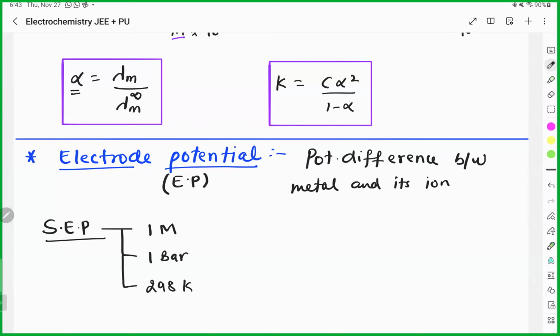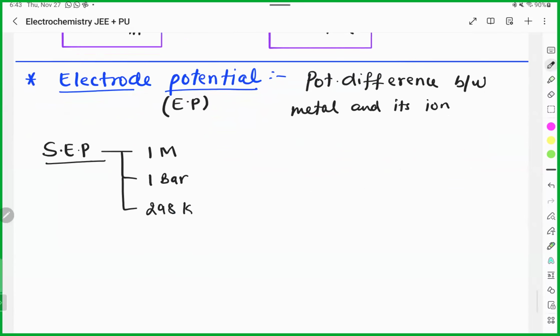And usually you take it for hydrogen, right? Does standard electrode potential depend on the nature of the electrode? Sir, and the nature of the ions? Yeah, it does. It depends upon the nature of the electrode.